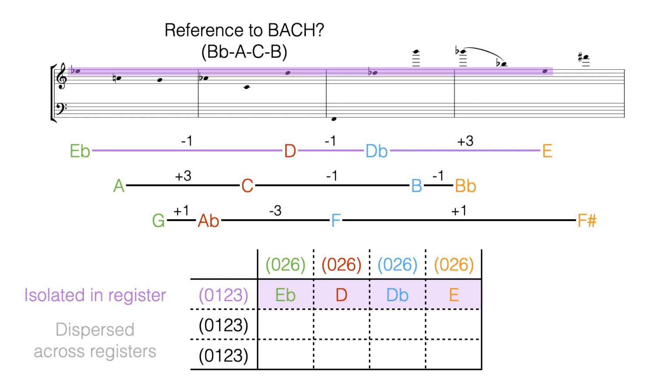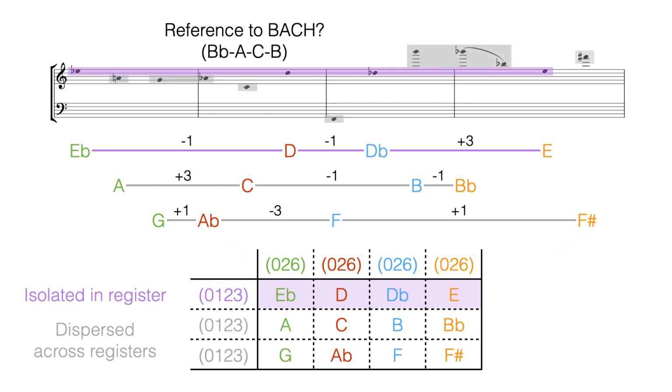The other two rows are dispersed across the registers. One of those rows contains a rotation of B flat A, C, B, starting on A. In this way, we get a slight hint of the Bach cipher. The reference is somewhat buried here, but becomes explicit later in the piece.